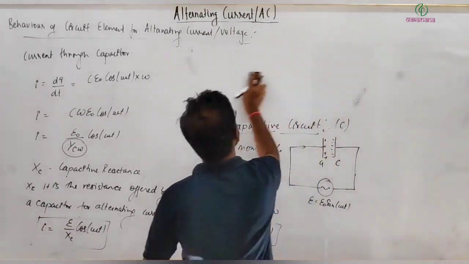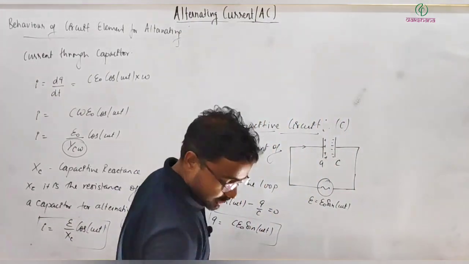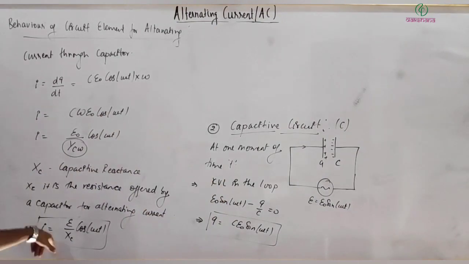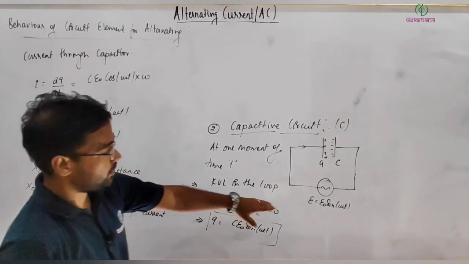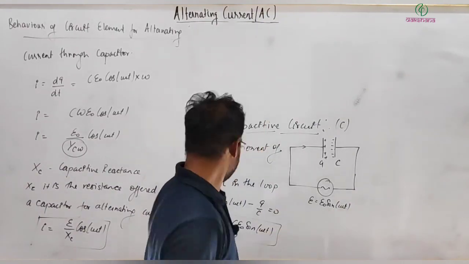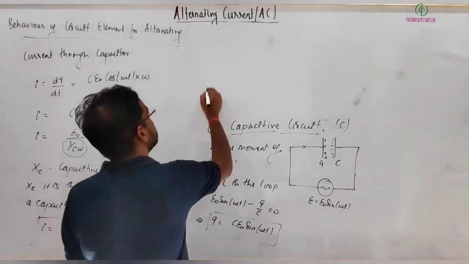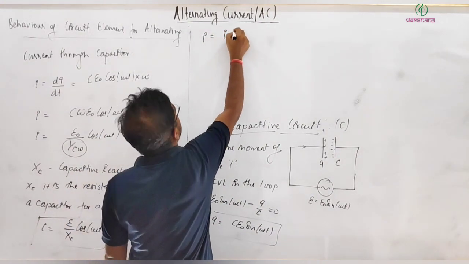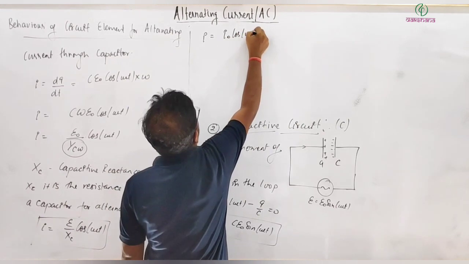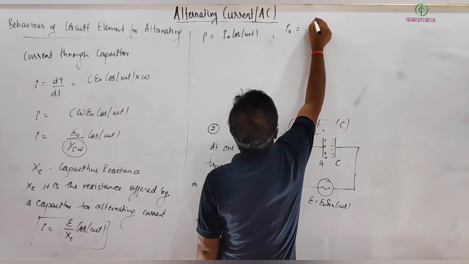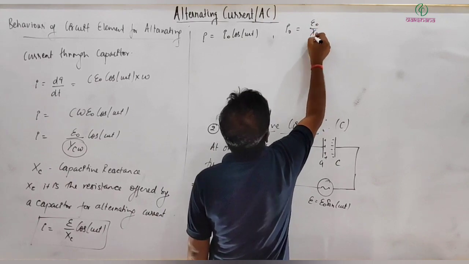So here we are getting something else also: there is a phase difference arising between current and EMF. E is E naught sine of omega t, and I get I is equal to I naught cos of omega t, where I naught is equal to E naught divided by XC.